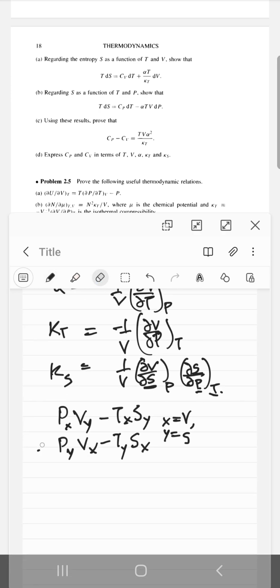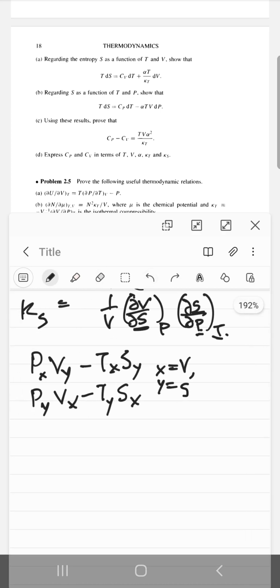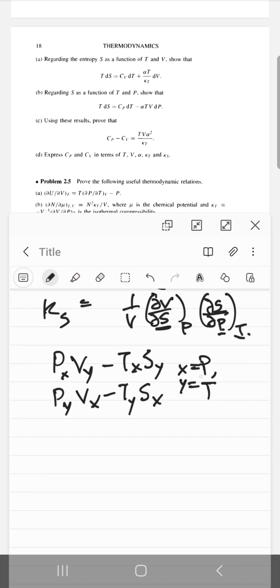So first you want to be switching up this term, partial s upon partial p. So put x equal to p and y equal to t, and let's see what we get. And so putting that, you just get v sub t minus t sub x is p, so that's gone, and this is equal to that, and so p sub y is p sub t, and okay, so that's v sub x is p over there.